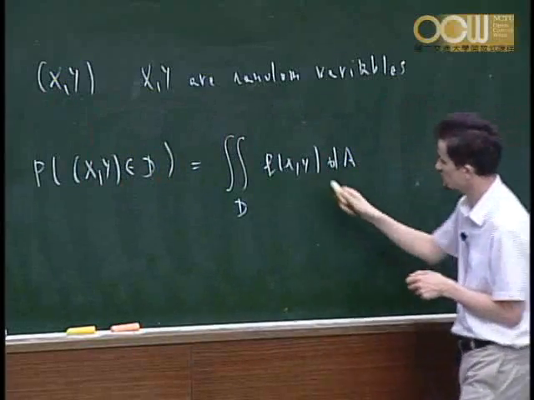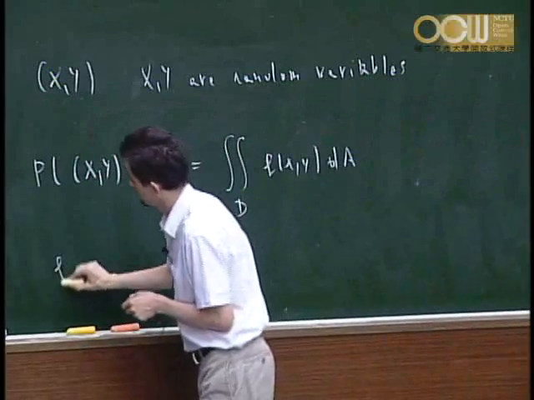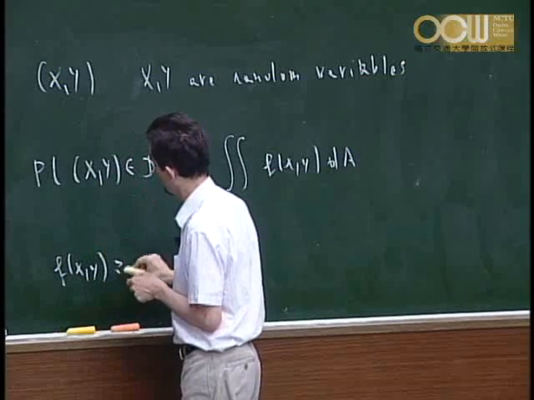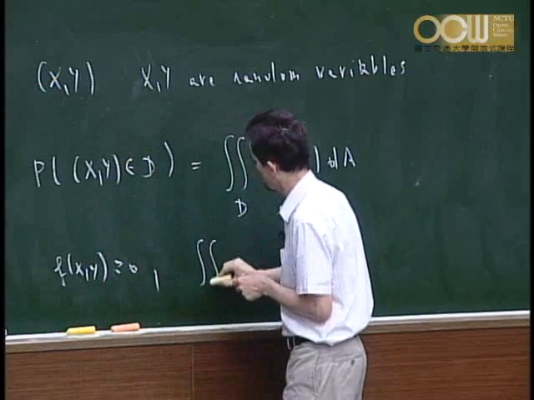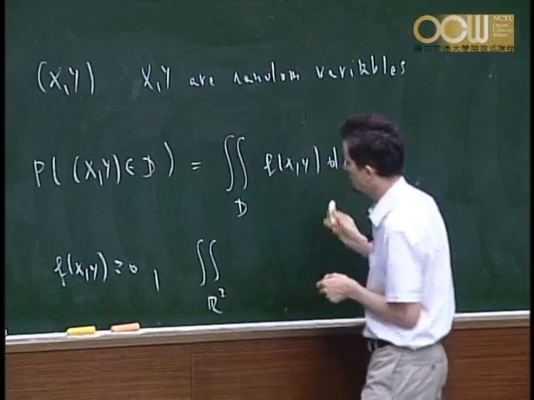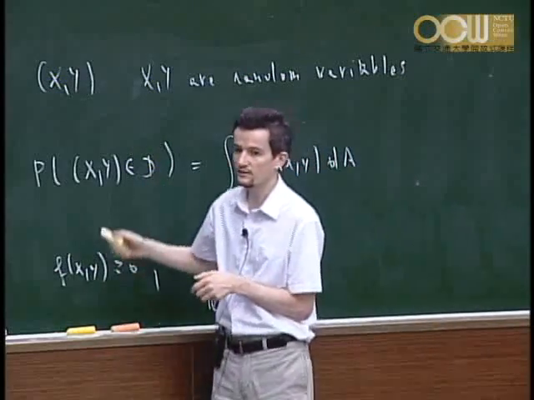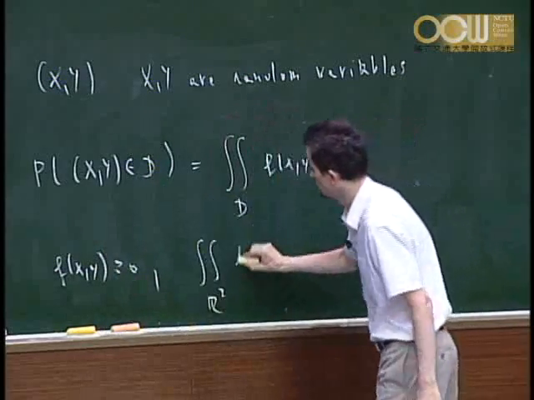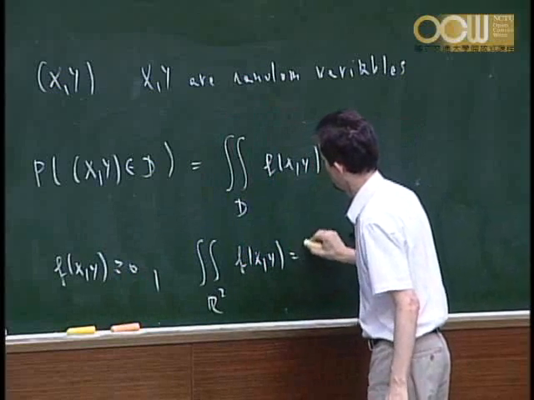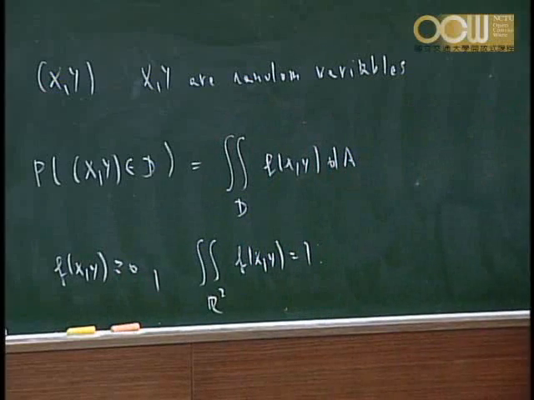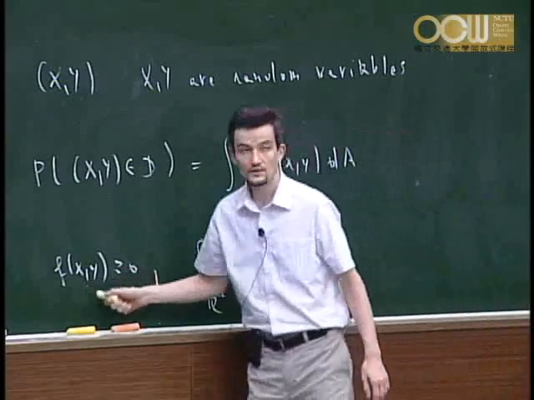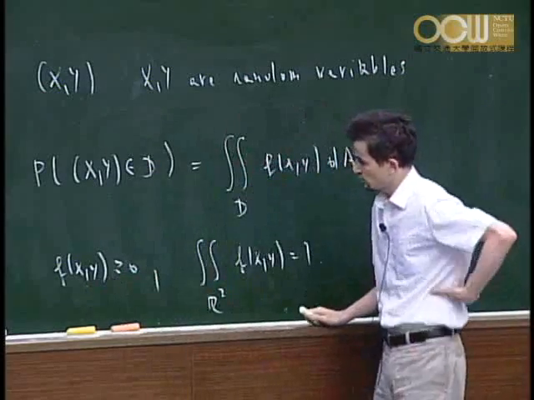This function, called the density function, must satisfy that it is larger or equal than 0, and obviously that if you go over the whole plane, then the probability that this random vector is somewhere should be equal to 1.